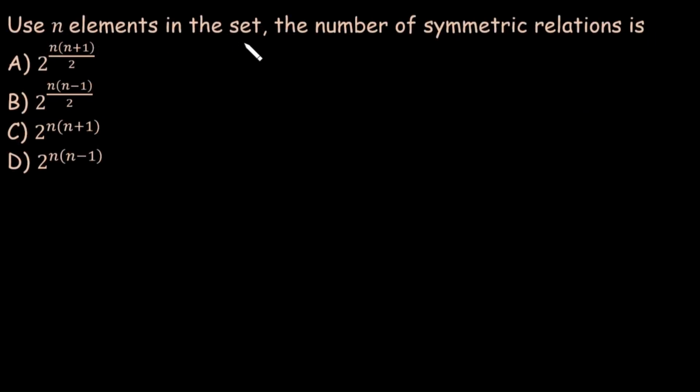Given n elements in a set, the number of symmetric relations is what? It's very simple. We will again take the matrix form. The number of entries in a row is n, and in a column n entries are there as well. So total entries are n square.